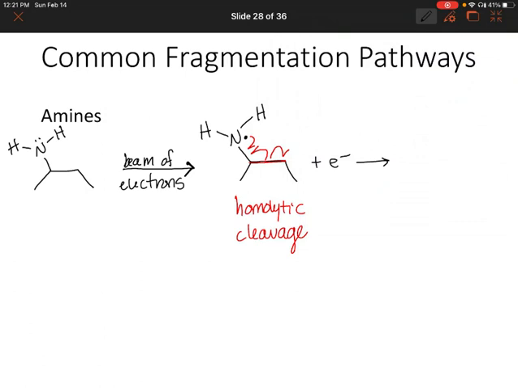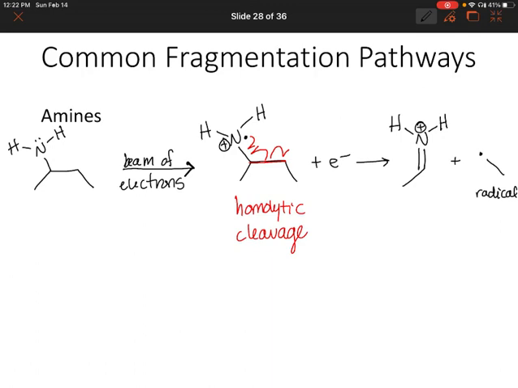So our products, we have, oh, I keep forgetting that positive charge on the oxygen and the nitrogen. So this again looks very similar to our alcohol from before. We have a very similar radical that forms. So remember, the radical will not be detected because it does not have a charge.